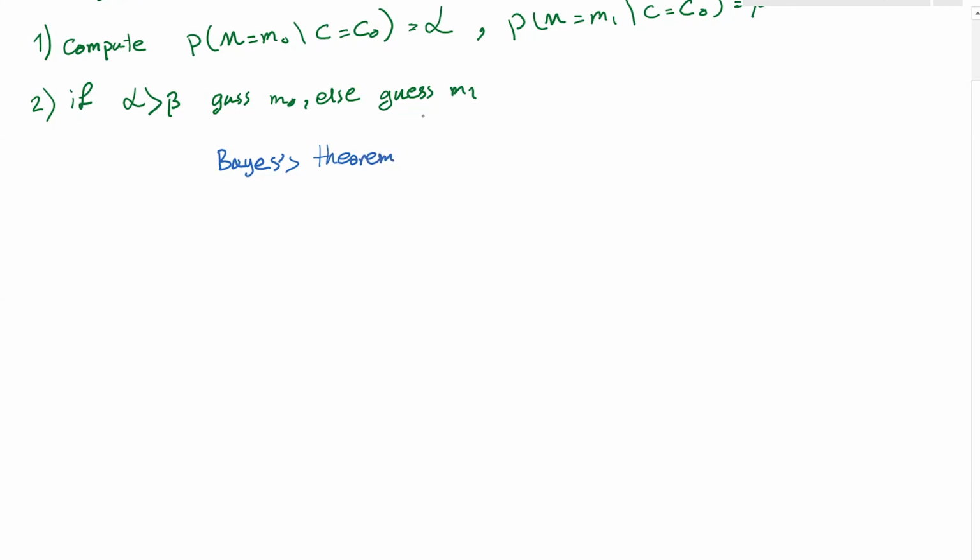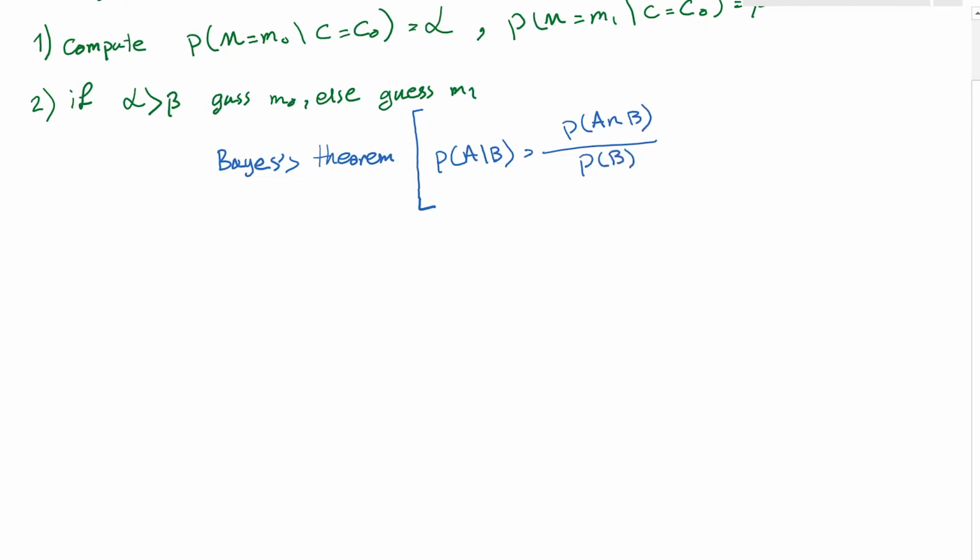It says that the probability of some event A given event B is equal to the probability of the intersection of those events over the probability of B, right?